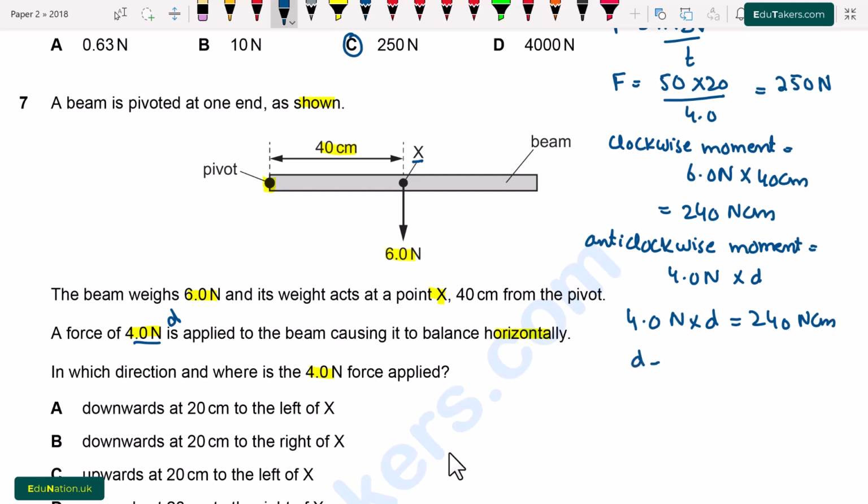So d will be equal to 240 over 4.0, which is equal to 60 centimeter. It means that the distance is 60 centimeter. It must be here, because this distance is 40 centimeter and this distance is 20 centimeter. It means that the 4.0 Newton force will be 20 centimeter on the right side of X.